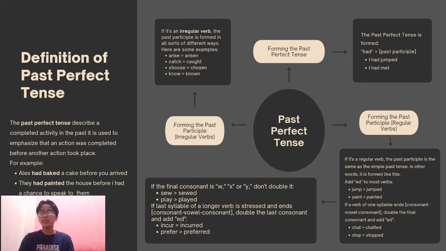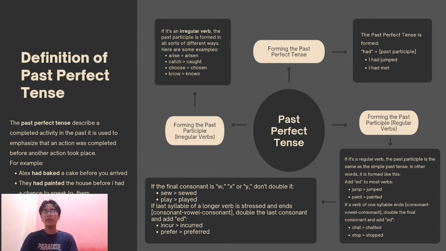And we will discuss the first form, namely forming of past perfect tense in general. The past perfect tense in general is formed had plus past participle. For example, I had jumped and I had met. And we will continue to forming of the past perfect tense using irregular verbs.